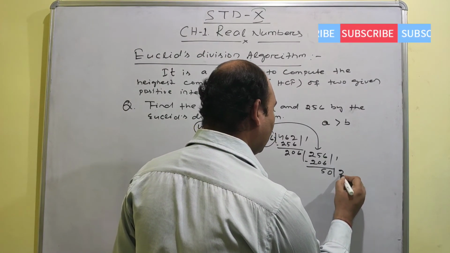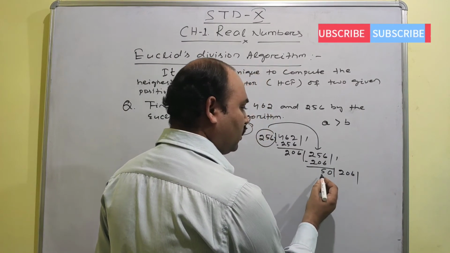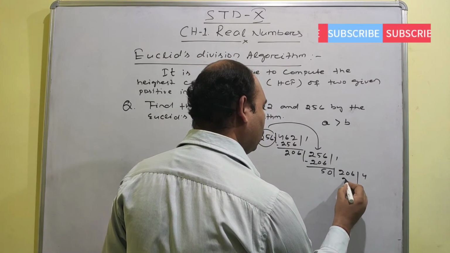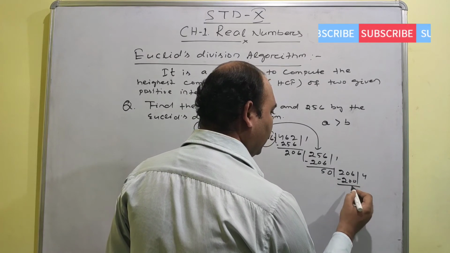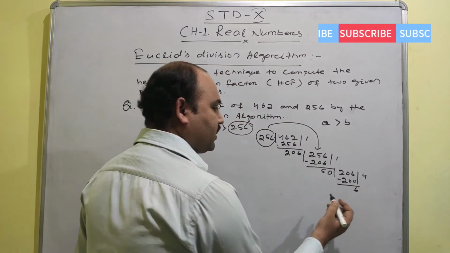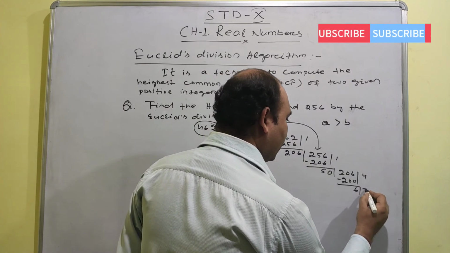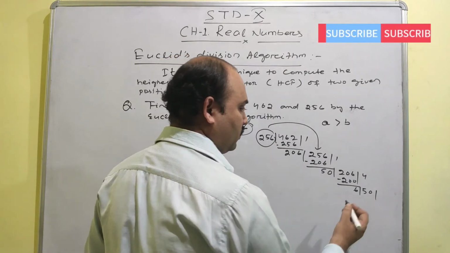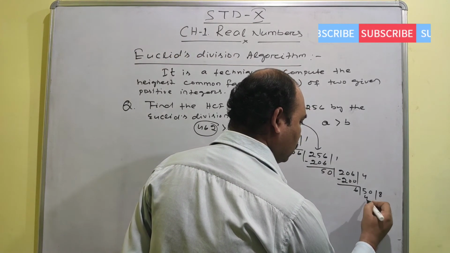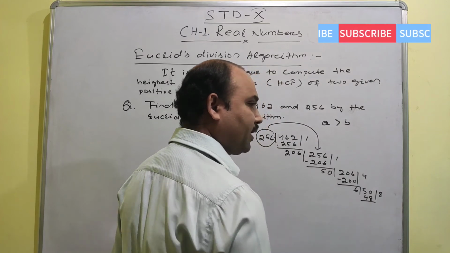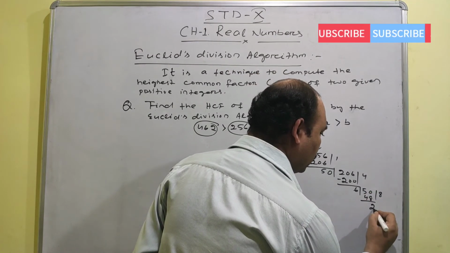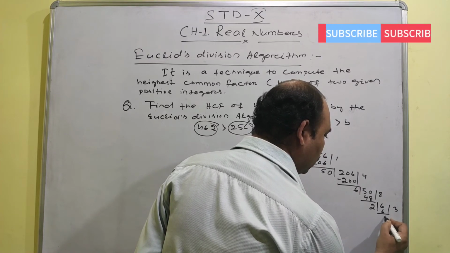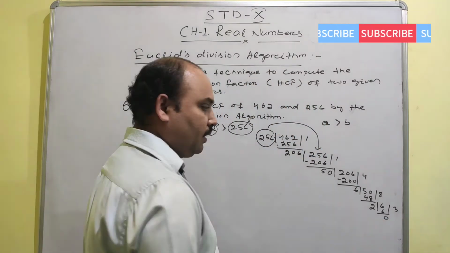So 206 divided by 50: 50 into 4 is 200, then 6 is left. Then we divide 50 by 6: 6 into 8 is 48, and 2 is left. Then 6 divided by 2: 2 into 3 is 6, and the remainder is 0.